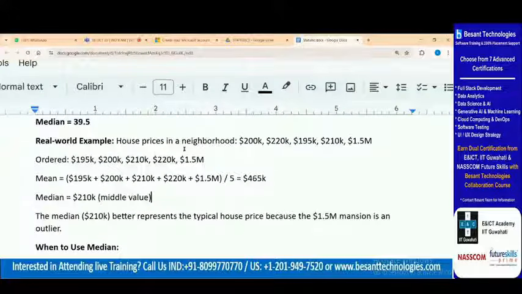In a real world example, I have taken housing prices. Consider you are working in a bank. You have the data set as salaries of the person, how much loan the person has taken, and those will all be your data set. Consider you are working in construction.